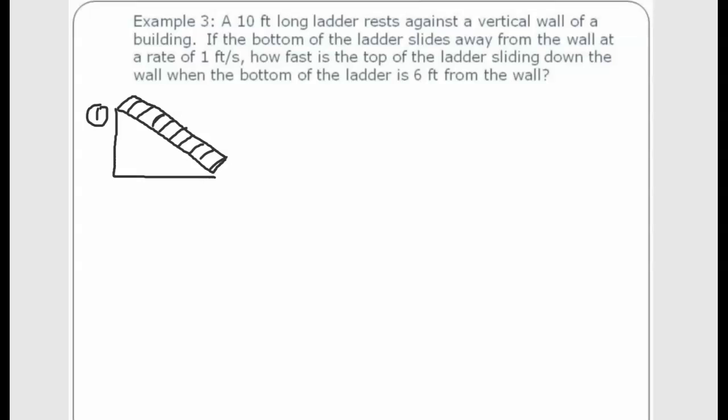So here's my ladder pushed up against a wall. If the ladder is 10 feet long, we're going to call that length Z. The ladder is sliding away from the wall or down the wall, so it's going down and away.